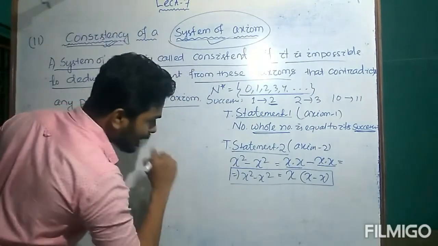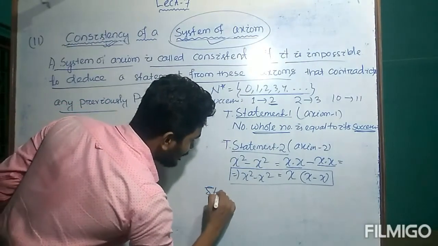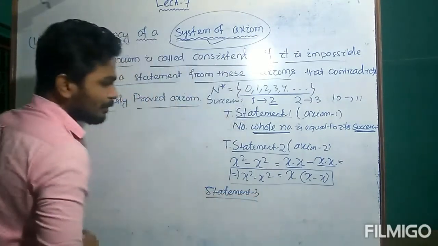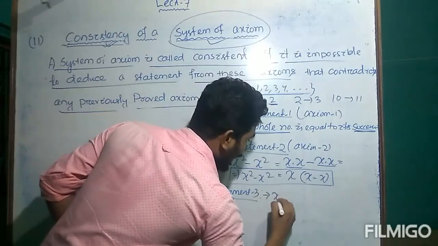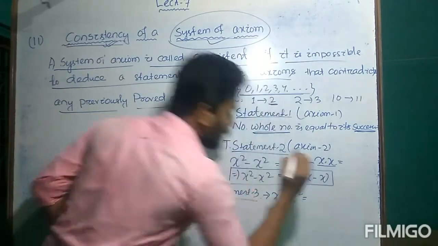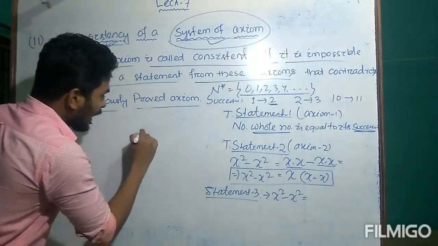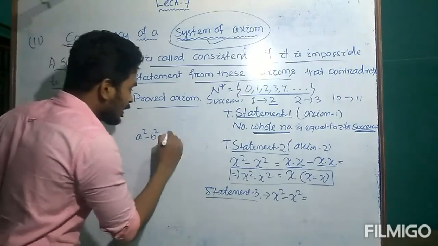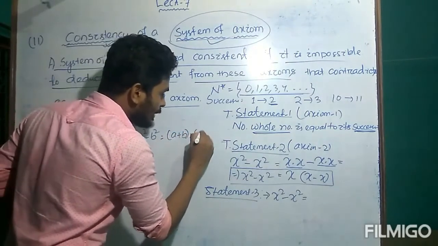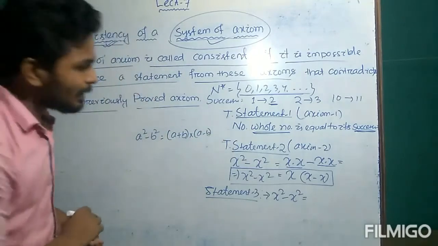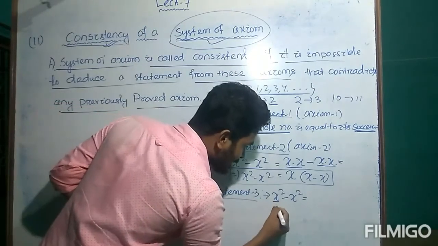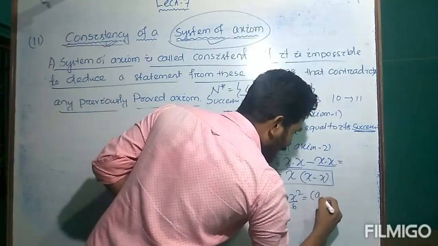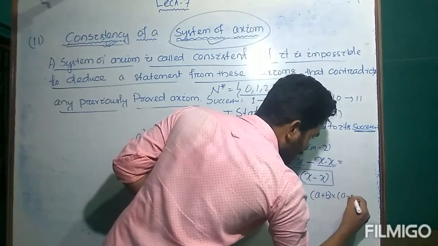Next statement, suppose I have chosen statement number 3: x square minus x square is equal to... As we know, according to the identity rule, a square minus b square is a plus b whole into a minus b. Similarly, if I take this x as a and this x as b, then the formula becomes a plus b whole into a minus b.